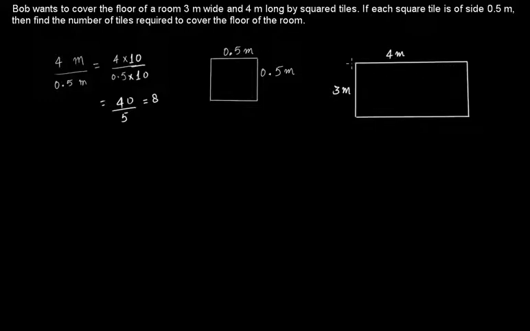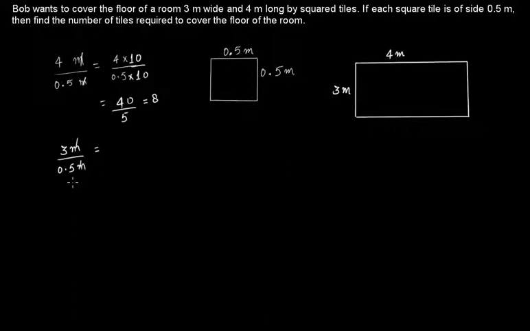What is the width of this rectangular floor? That's 3 meter. What is the side that will come against the width? That's 0.5 meter, since it is square. The units cancel, we know that. Again I'm going to make an equivalent fraction of 3 divided by 0.5 to get rid of this decimal.